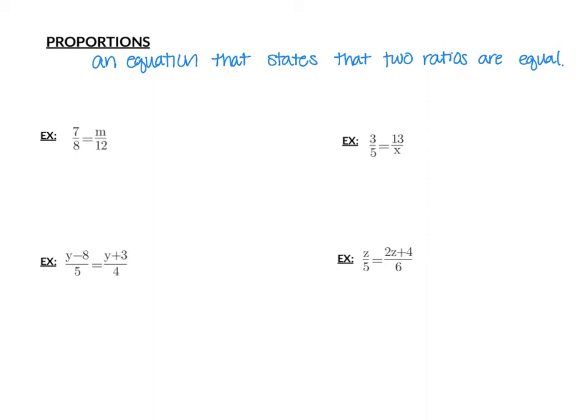But before we go on, we should really define what ratios are. Anybody know? Ratios are a comparison of two numbers or quantities. We usually in Algebra 1 will write it as a fraction.